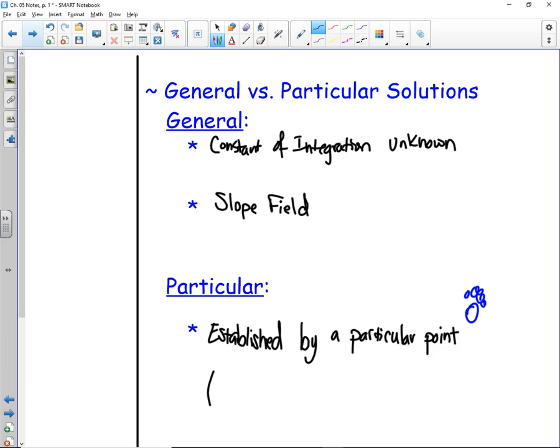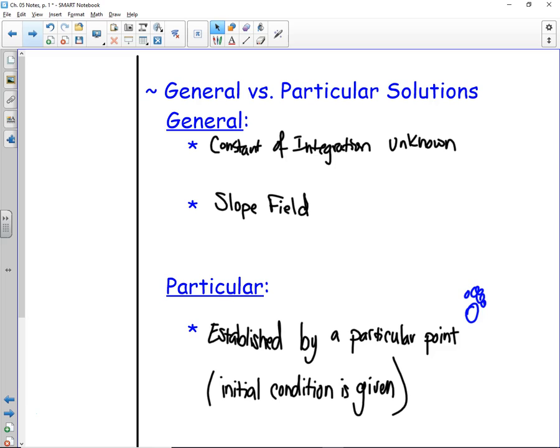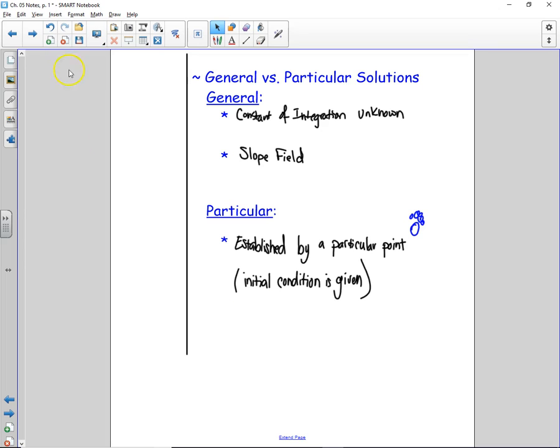And in differential equations in general, a particular point we could call an initial value or initial condition problem. As soon as they give you a point, all of a sudden it goes from all this ambiguity of, it could be any of these guys, to, no, it's this specific one. So general versus particular: one's established, one's unknown.